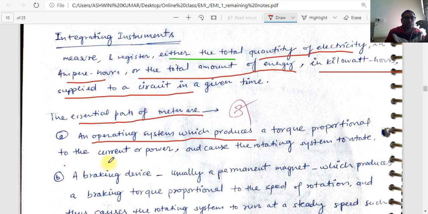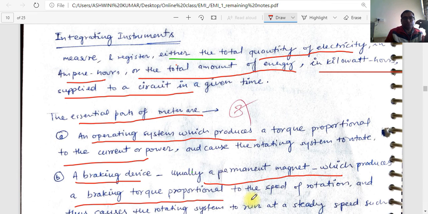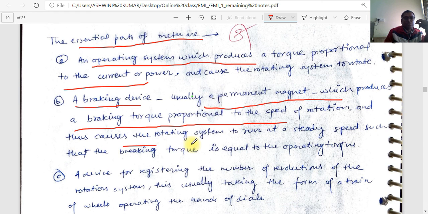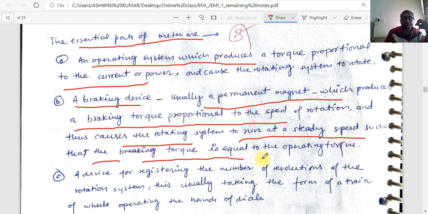torque proportional to the current or the power and causes the rotating system to rotate. The second one is the braking device, usually a permanent magnet, which produces a braking torque proportional to the speed of revolution and thus causes the rotating system to run at a steady speed such that the braking torque is equal to the operating torque.